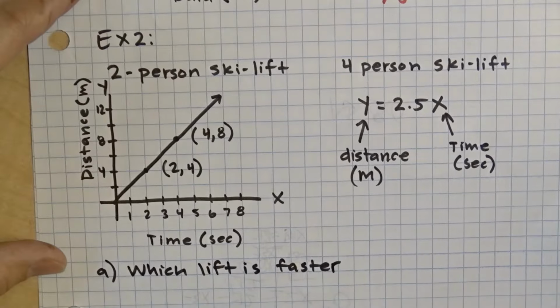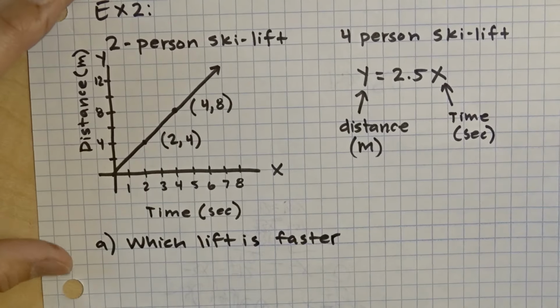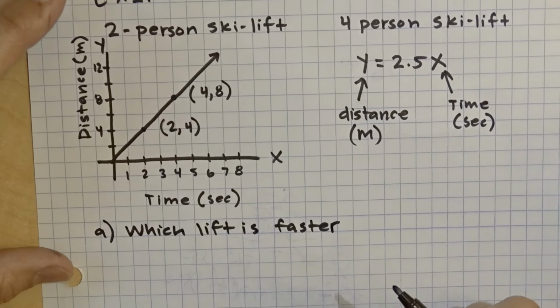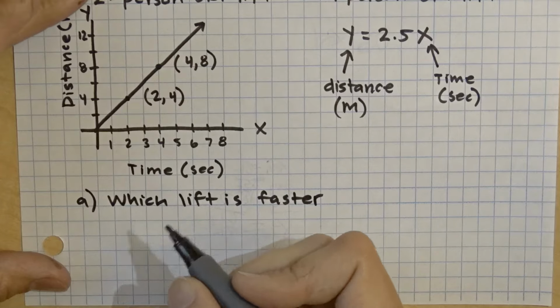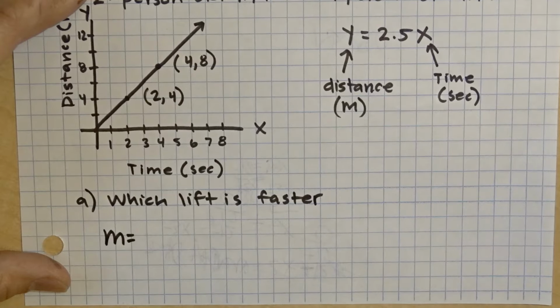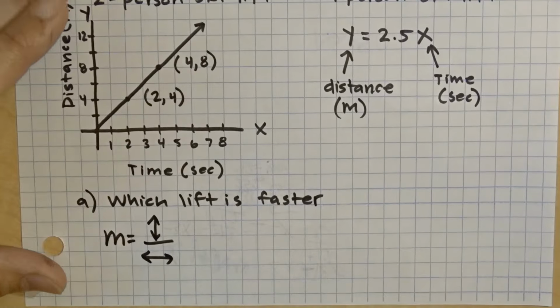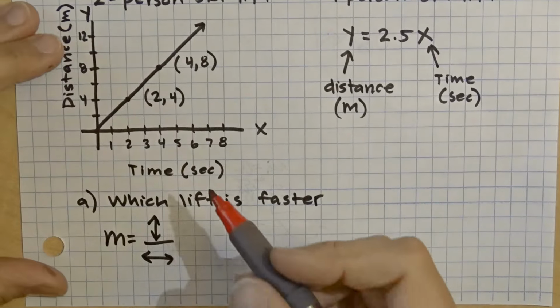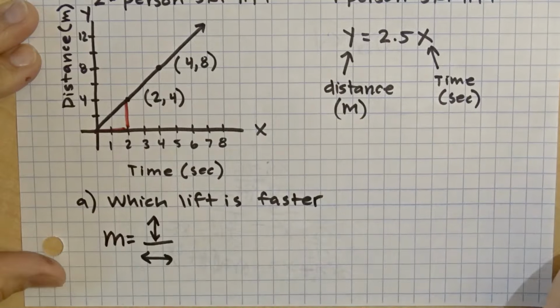Okay, so we want to go up the mountain obviously the fastest, so we don't waste any time. And how are we going to find out which one's faster? Well, we can find out the rate. So to find the rate, we already know that the unit rate is equivalent to the slope. So the slope, again, is going to be the change in y over change in x.